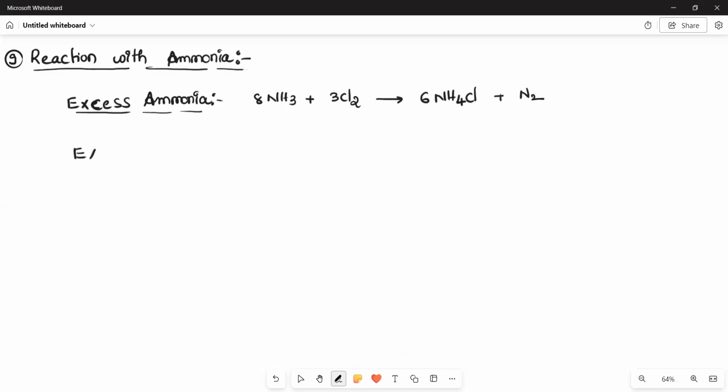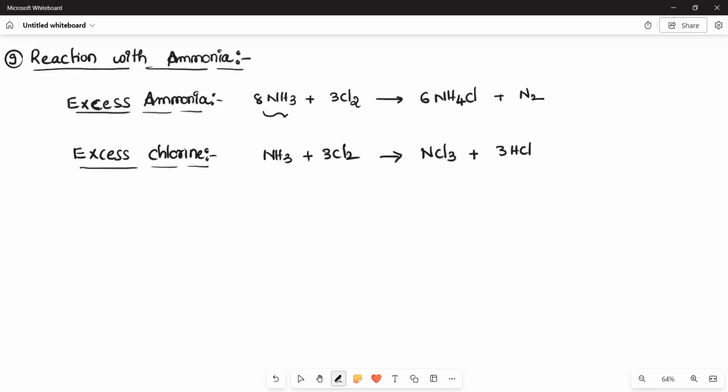Whereas if the condition is excess chlorine, ammonia is limited, chlorine is excess: NH3 plus 3Cl2 gives NCl3 plus 3HCl.